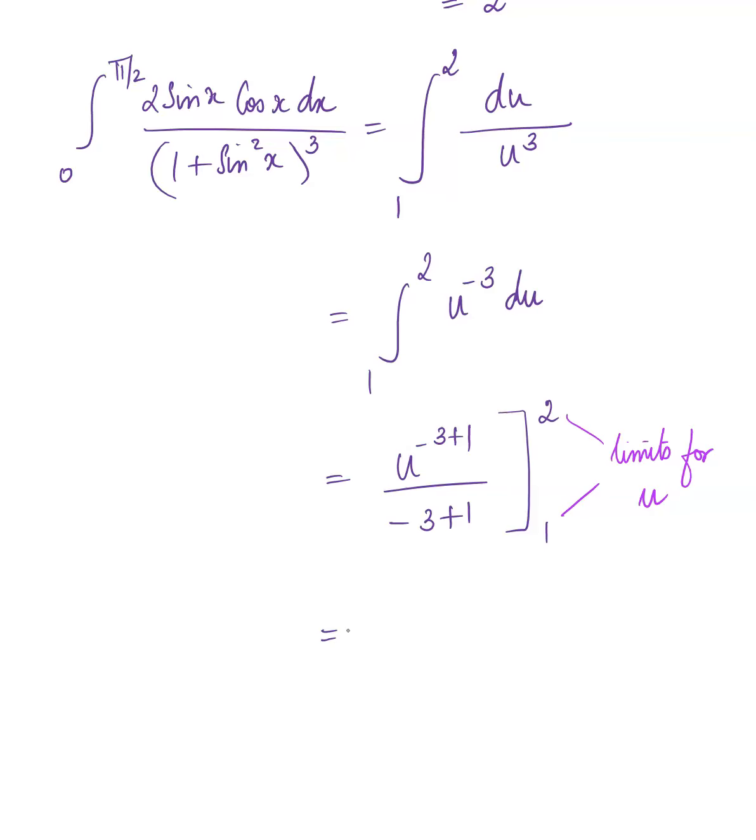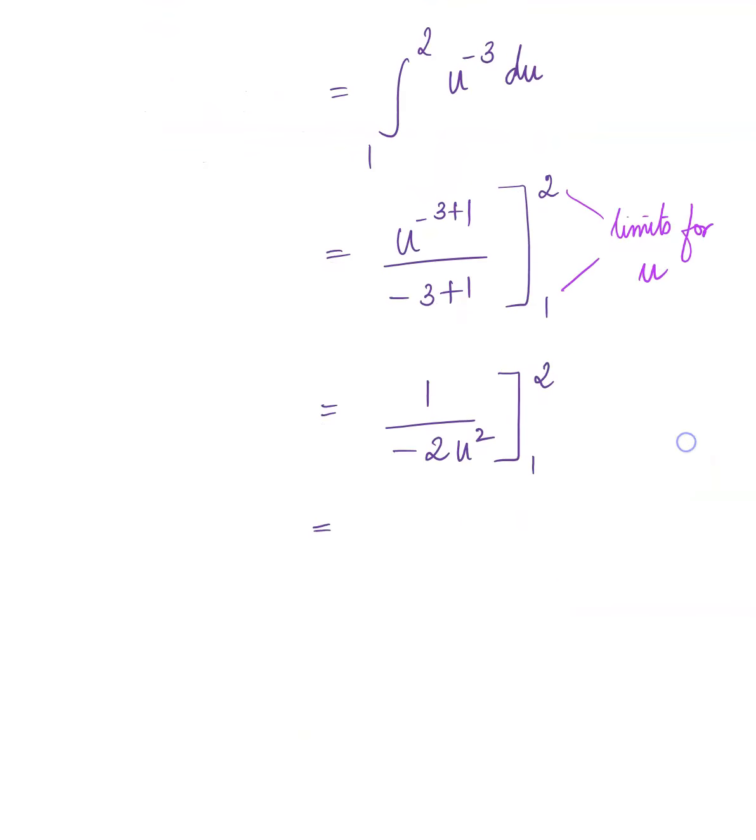And just before that, u to the power negative 2 over negative 2, right? You can rewrite this as 1 over u squared, isn't it? That's because I'm going to apply the limits now. I just want it to be meaningful. It's not wrong to have the negative, but it's just so much easier. So I'm going to keep the negative 1 over 2 outside. And it's 1 over u squared, right?